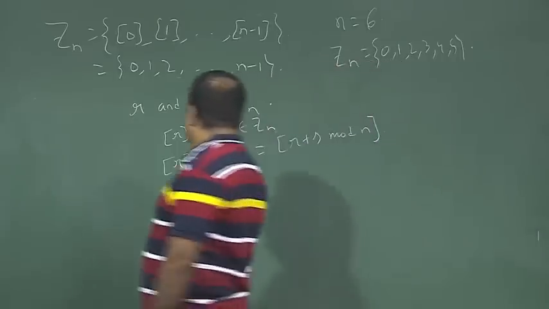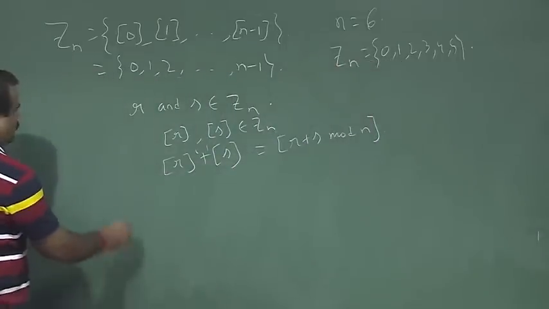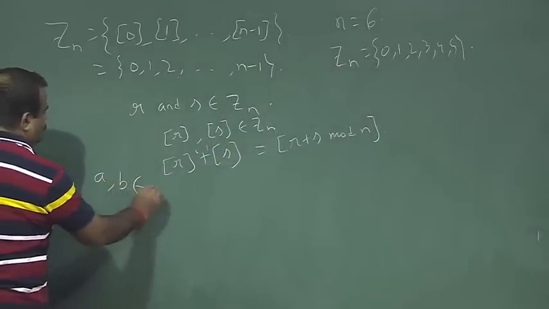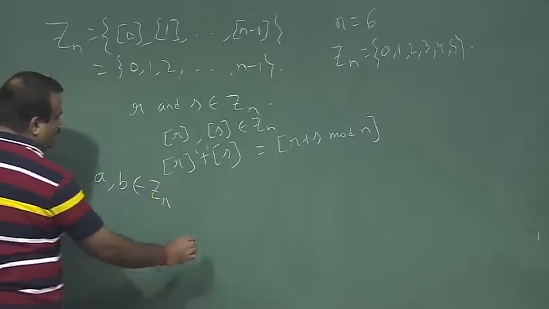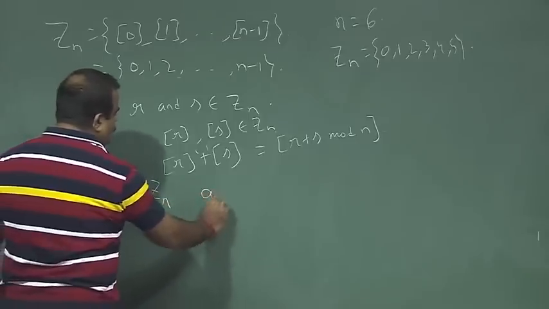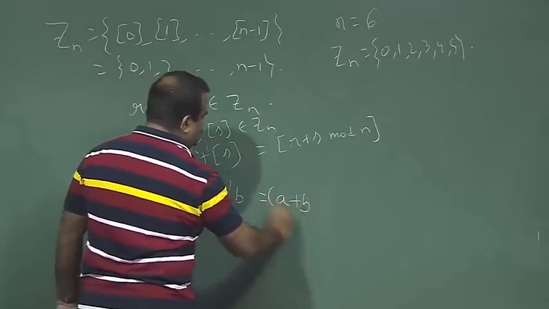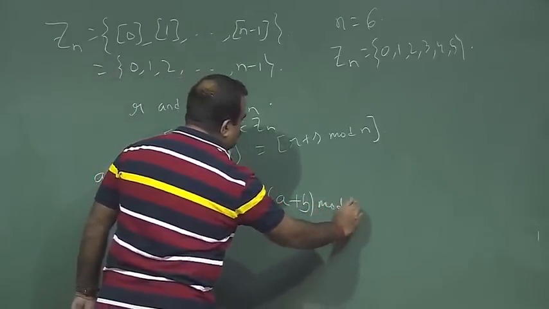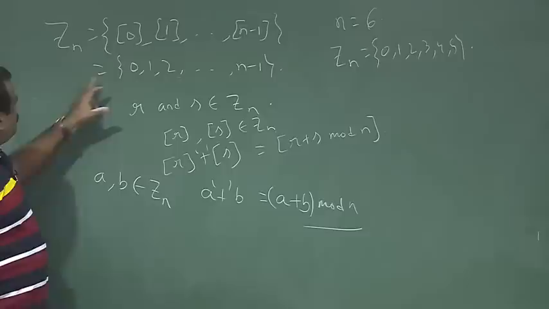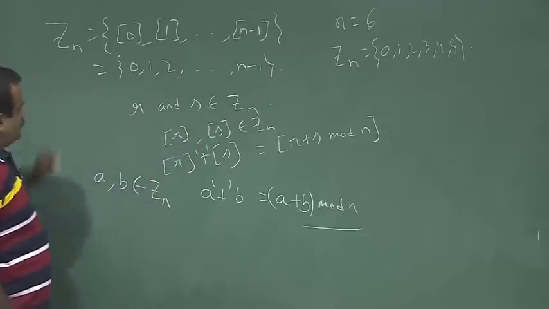So, basically for simplicity, if a, b come from Zn, then we define a plus b as basically a plus b mod n. That means it will be one of these. Okay.